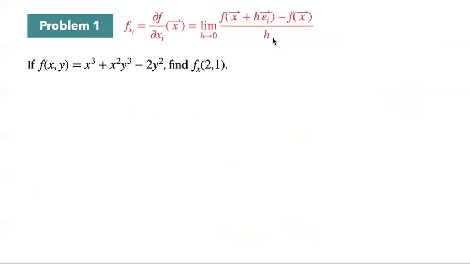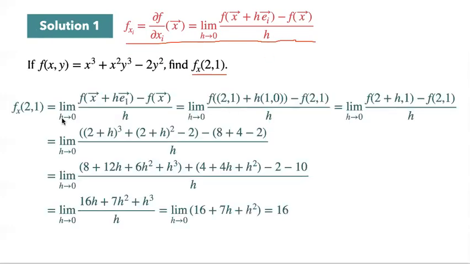So here, we want to find fx(2, 1), right? We want to use the definition by calculating the limit. Let's go. To compute fx(2, 1), we just put in the definition of the partial derivative.